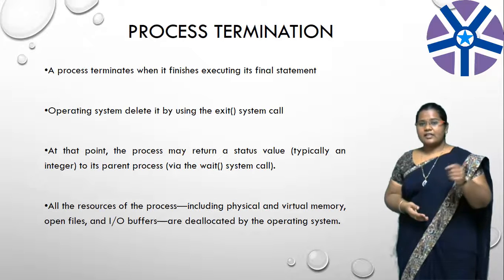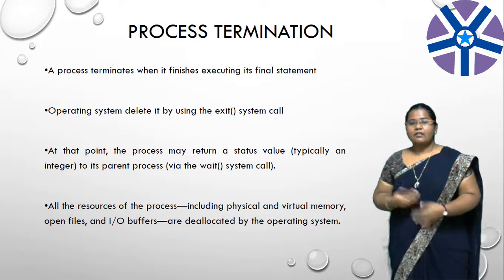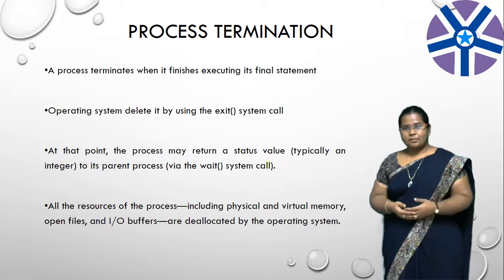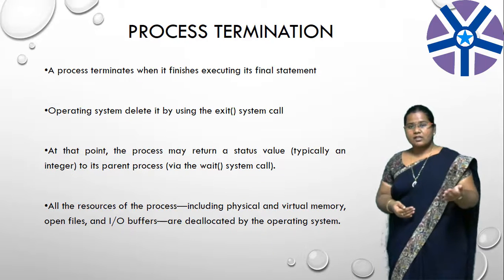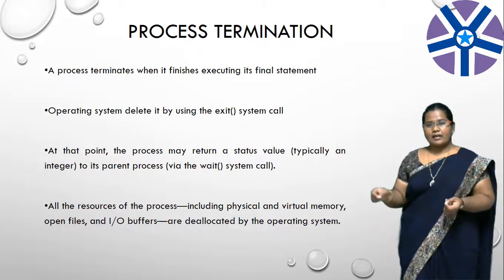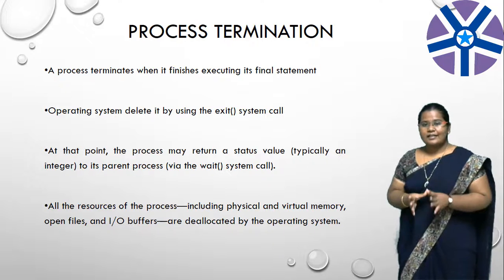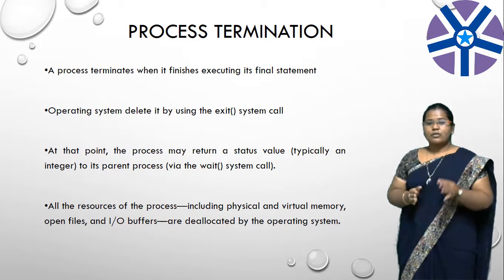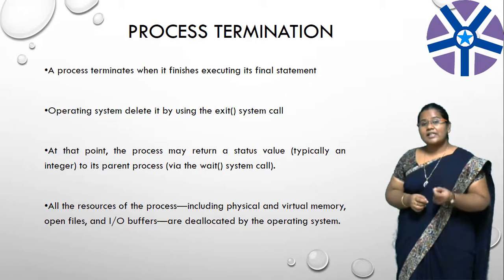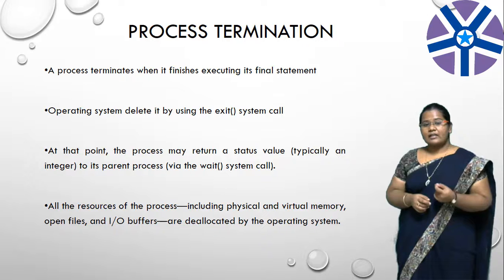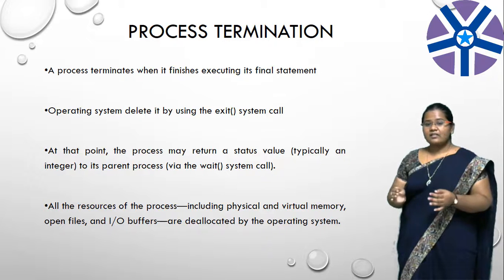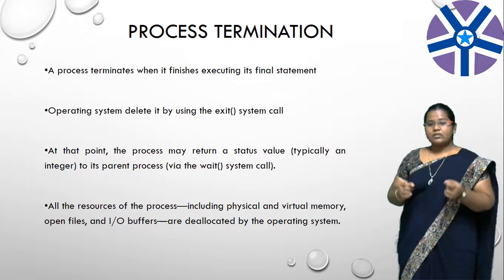And that is about the process creation. Now we'll go with the process termination. Whatever process is created should have an end point. That is, at some point the created process should get terminated. The operating system will delete it by using the exit system call. At that point, the process may return a status value to its parent.